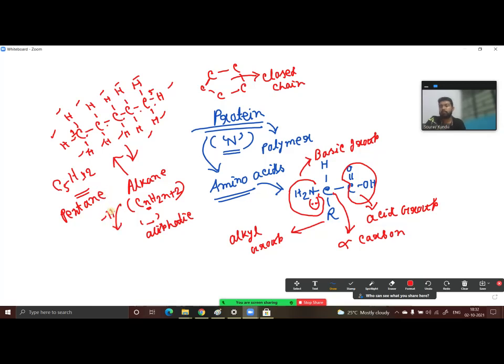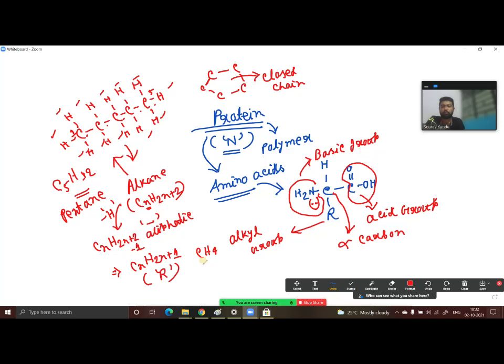Okay, and if we remove one hydrogen, we get CnH2n plus 2 minus 1, so we get CnH2n plus 1. This is the formula of an alkyl group or R group.